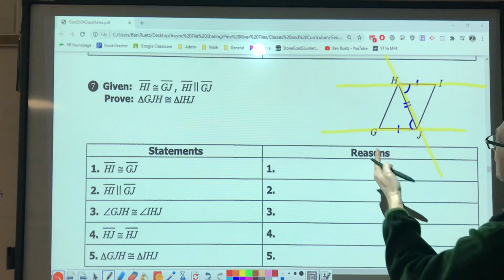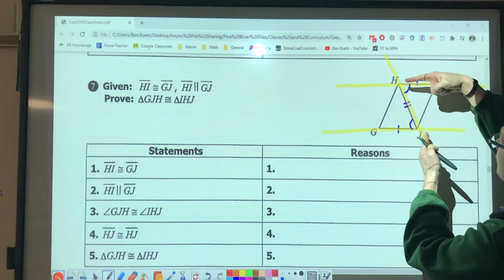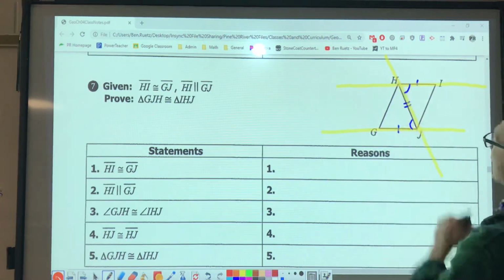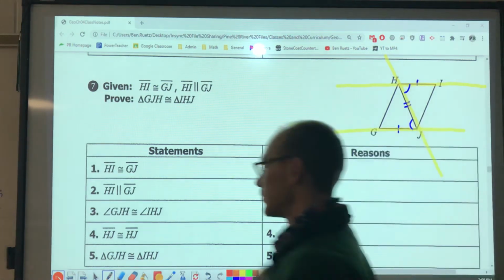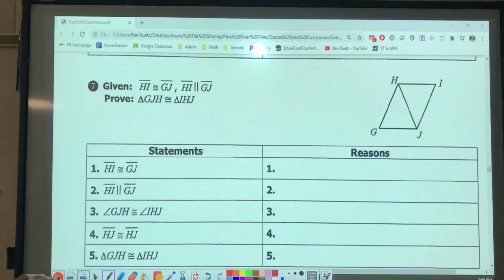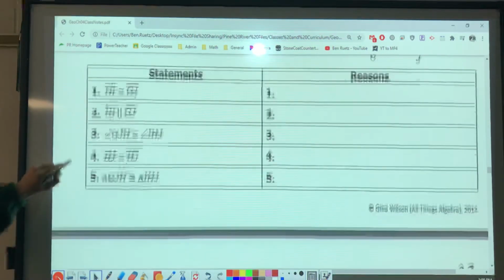So now I see a side, angle, side right here. And that's what these reasons are right here, which will allow us to prove that these two triangles are congruent. Great, that's pretty sweet.